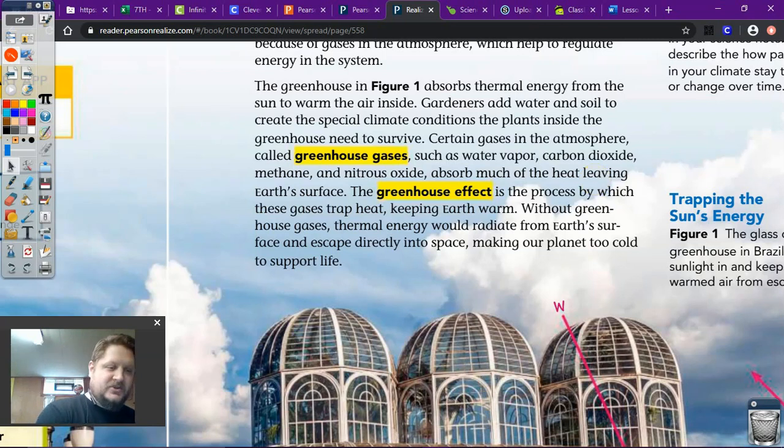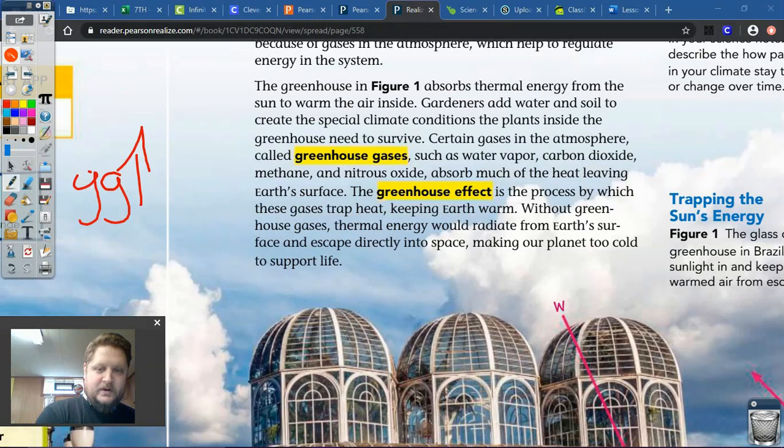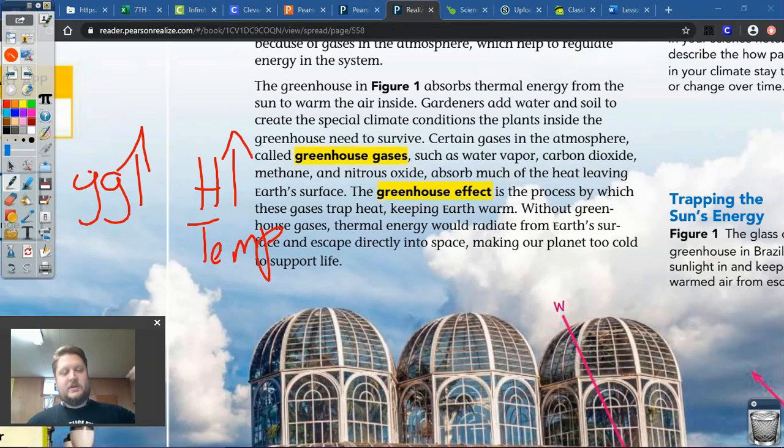So that's a direct relationship. As greenhouse gases go up, we are also going to see heat, or temperature, go up. As greenhouse gases go down, temperature should also go down.